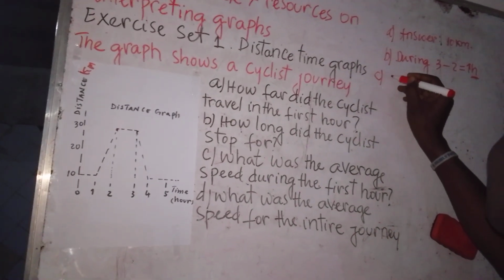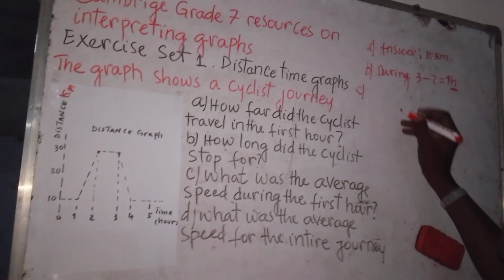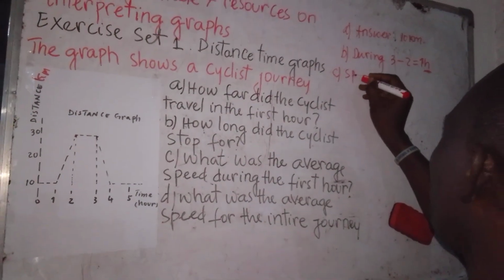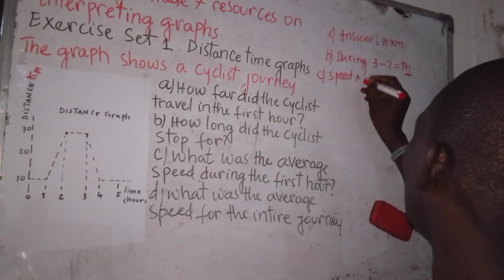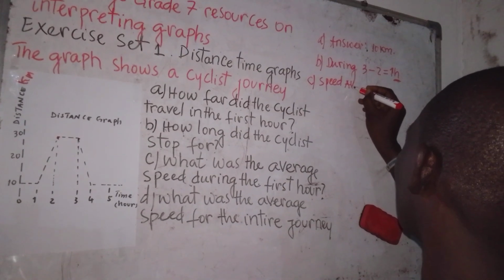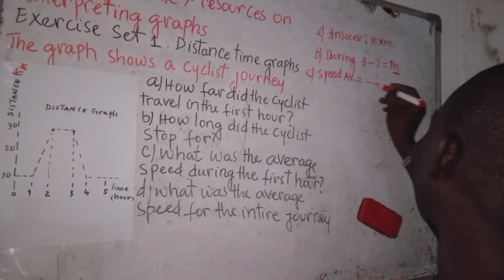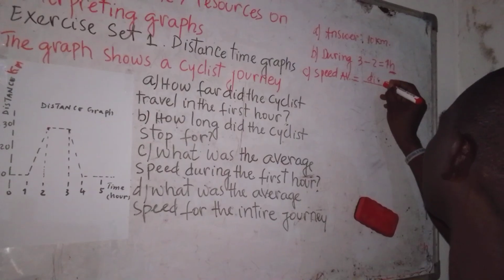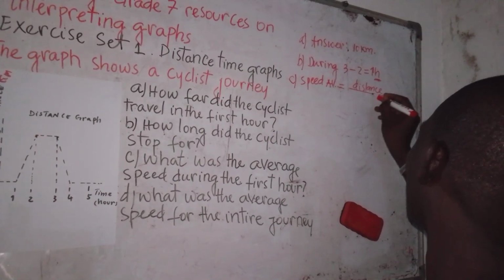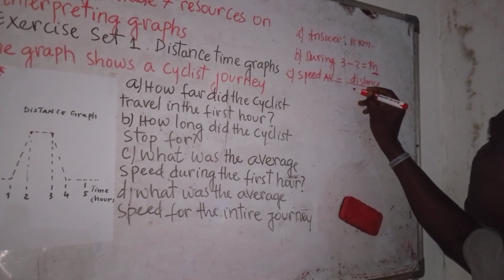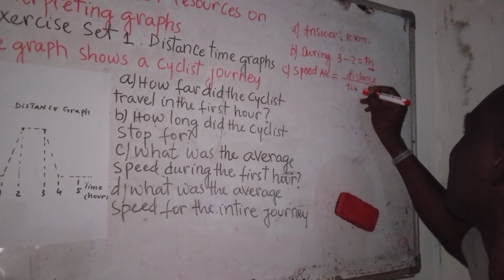We can say that speed average is equal to distance over the moving time.